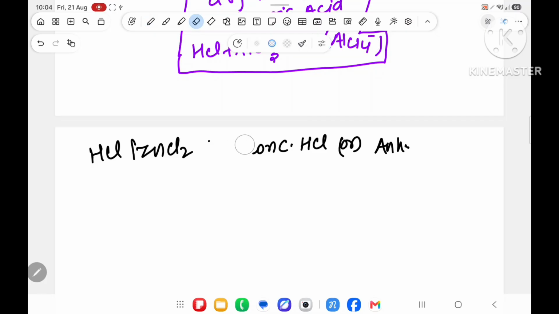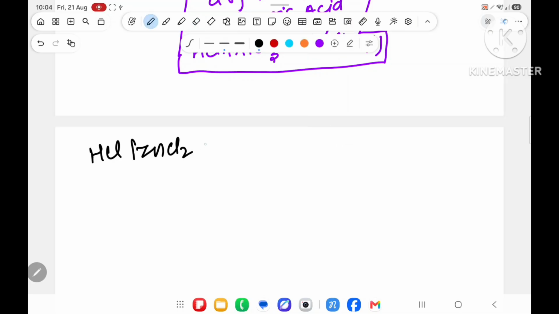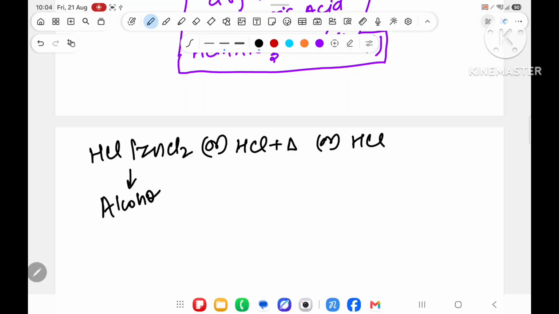You will write it in different ways. Either you will take HCl and ZnCl2, or you can use HCl plus heat, or directly HCl. If alcohol is 1 degree or 2 degree, then you will use this or this. But if alcohol is 3 degree, simply you can use this.